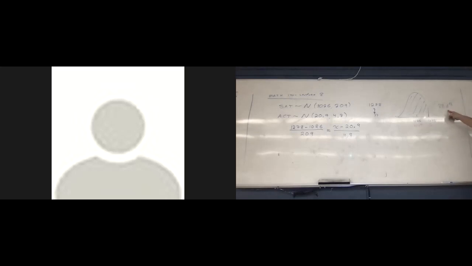I can do this area to the left with this mean and this deviation, and what does it give me? 26.69. 26.7 approximately. So there's two ways of doing it. Either way works.